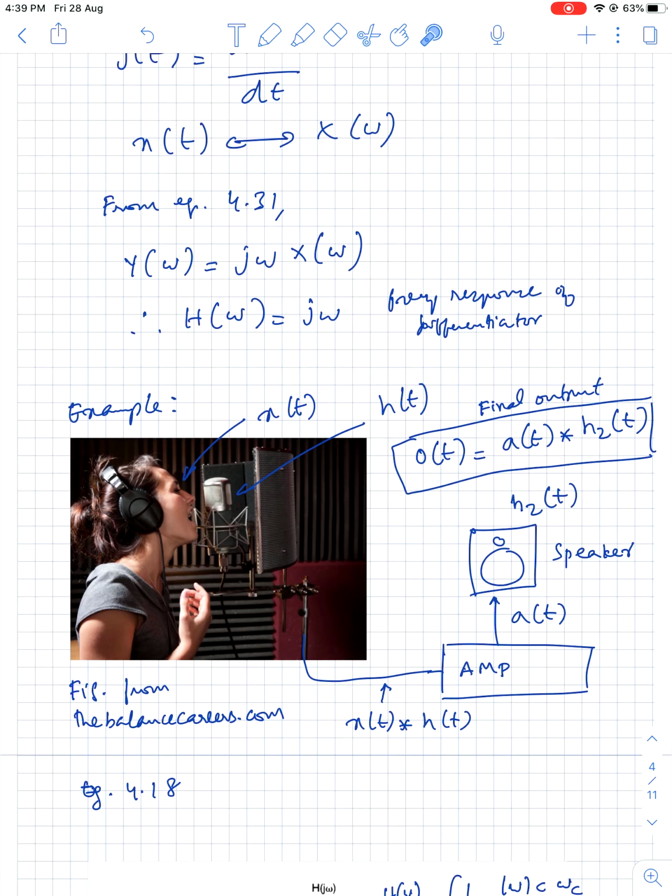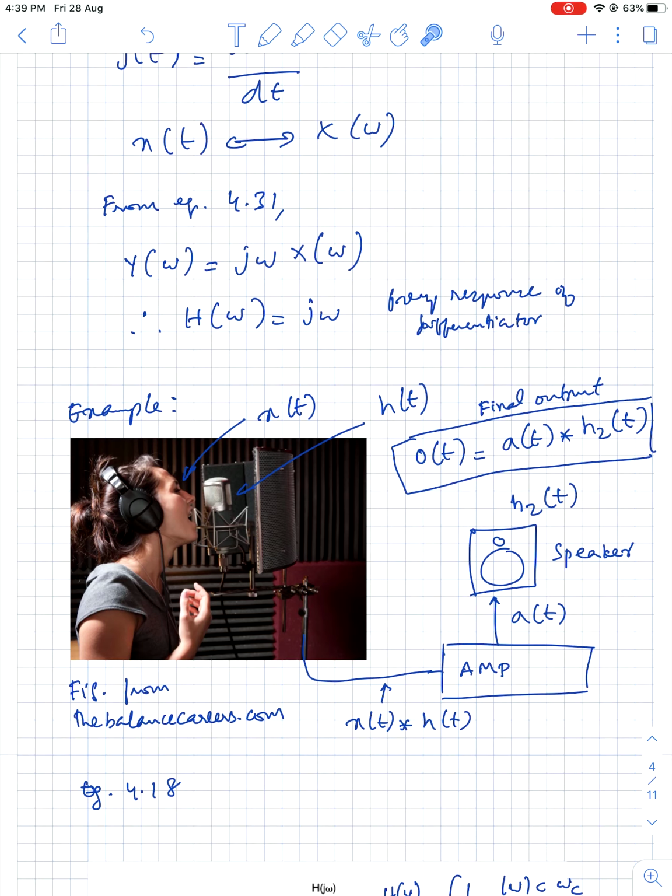Now if the operation of the transduction by the microphone can be modeled by a convolution, if the relationship between the voice and the mic can be represented by a convolution, let us assume for the moment that it is possible, then the output of the microphone is nothing but the voice convolved with the impulse response of the mic. This is what the wire of the mic carries, and it goes to, let's say, an amplifier.